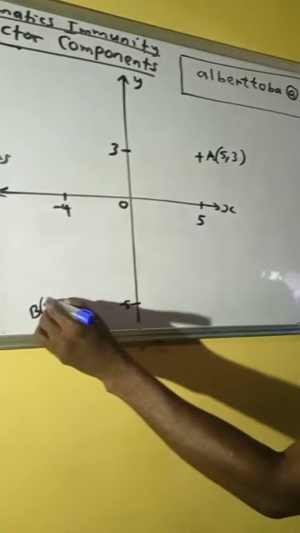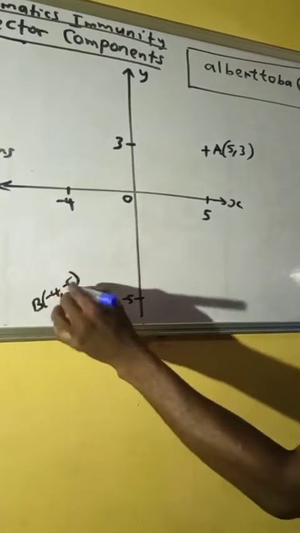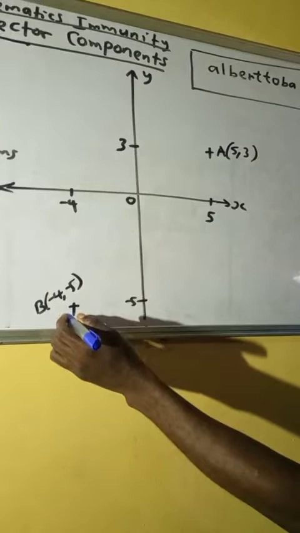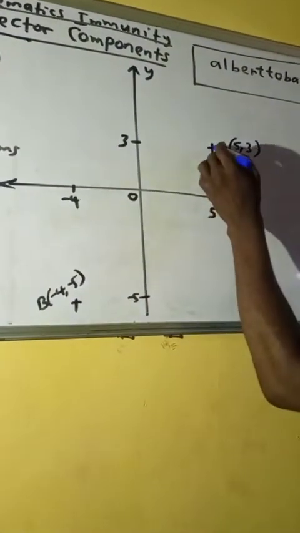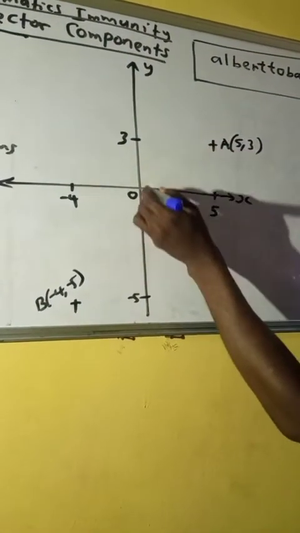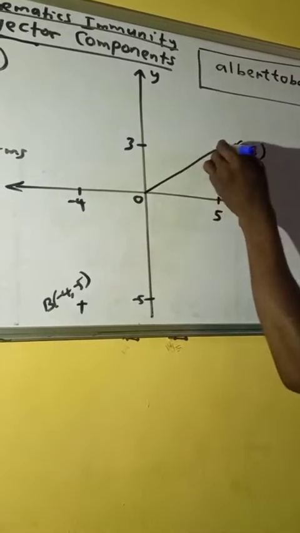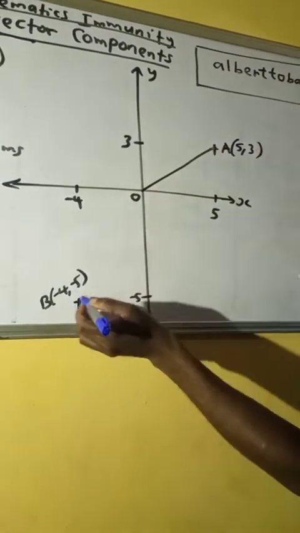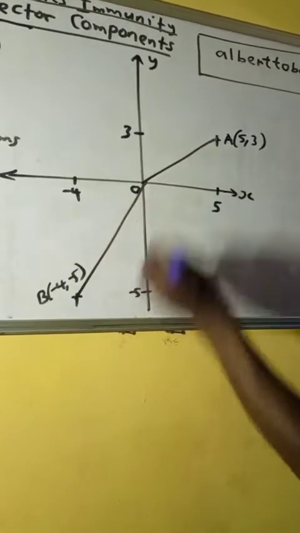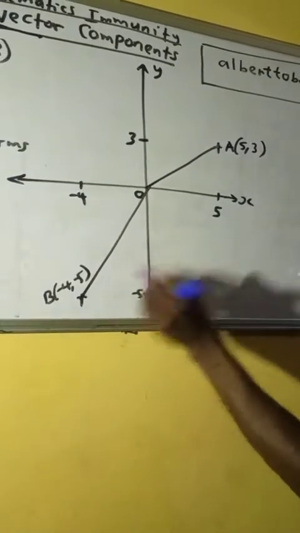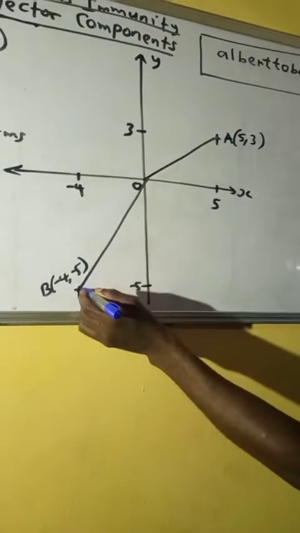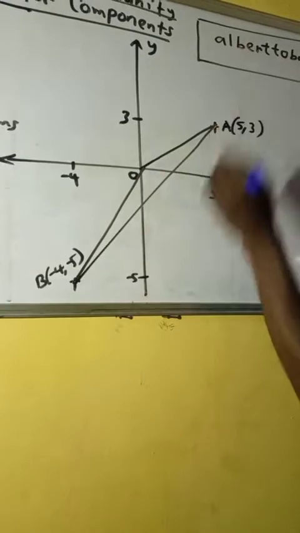Now to get your vector, we join OA and OB, and then join A to B to have your AB. This is your vector AB.